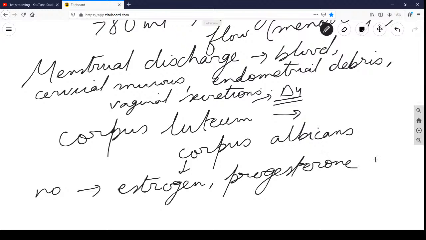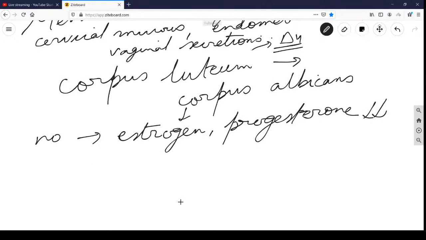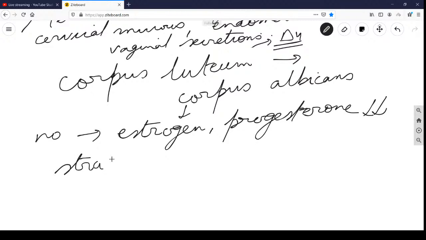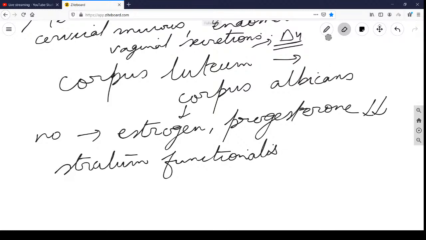So both the levels will dip in the blood, and then the stratum functionalis would start to degenerate.